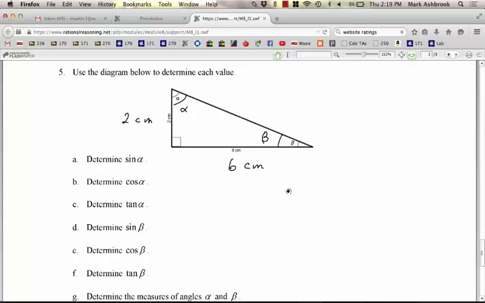The one that has length what? 6. Okay, opposite means across from the angle, right? I'm opposite the room from Janessa, but I'm adjacent to the front row. So what's the opposite side for beta? The one that has length 2. Okay, so when you change the angle, you have to change your opposite and your adjacent.